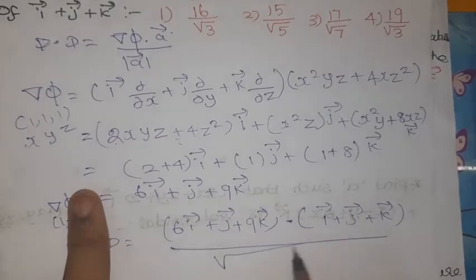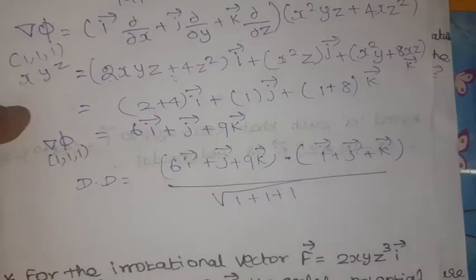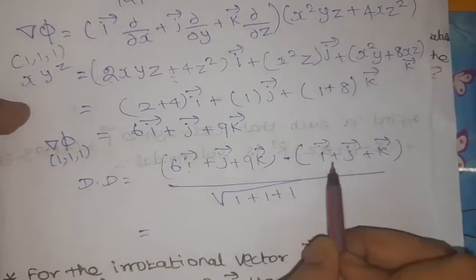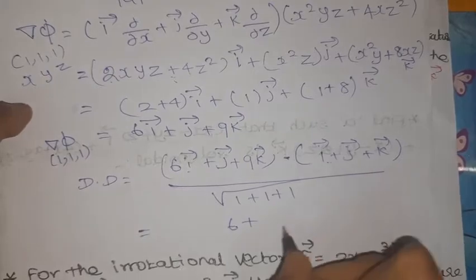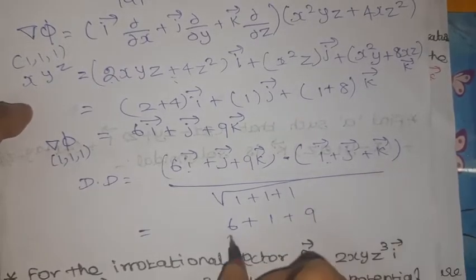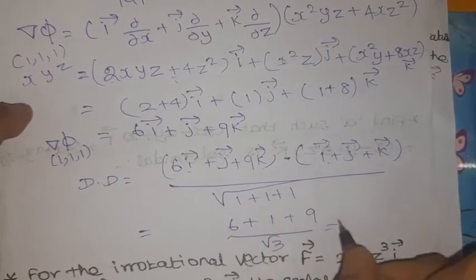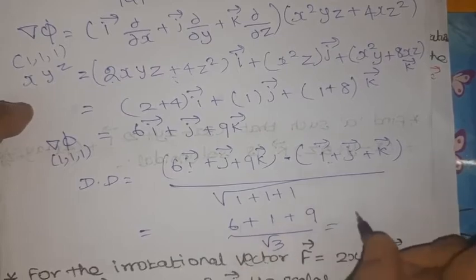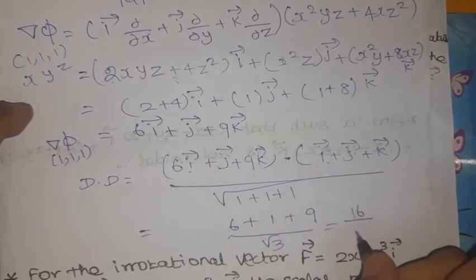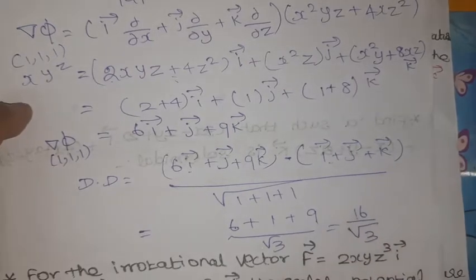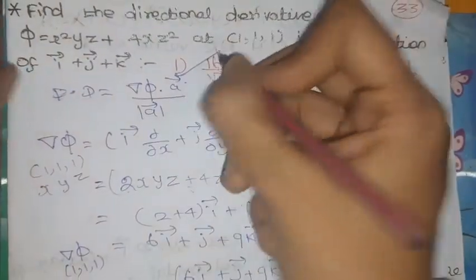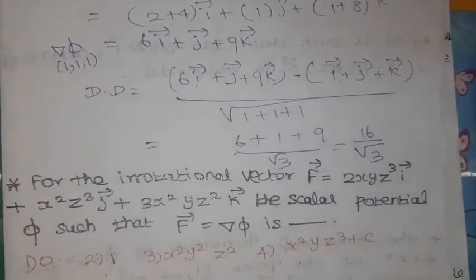The magnitude is the square root of 1 squared plus 1 squared plus 1 squared, that is 1 plus 1 plus 1. In the numerator, 6 into 1 is 6, 1 into 1 is 1, 9 into 1 is 9, and in the denominator root 3. So 16 by root 3. For this problem the answer is 16 by root 3. We'll move on to the next one.